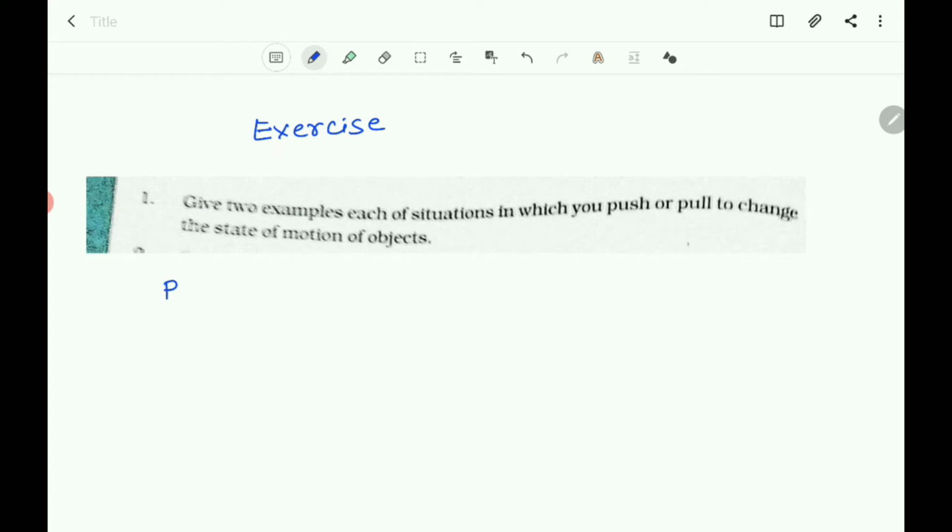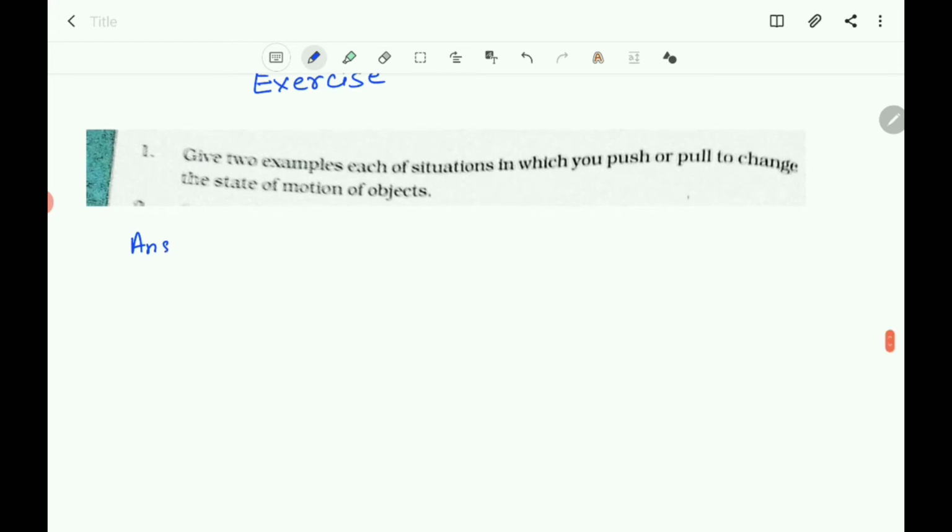Let us take the answer for this question. Push. You know what is push? That is also one of the methods of exerting force. So to push, the two examples are here.